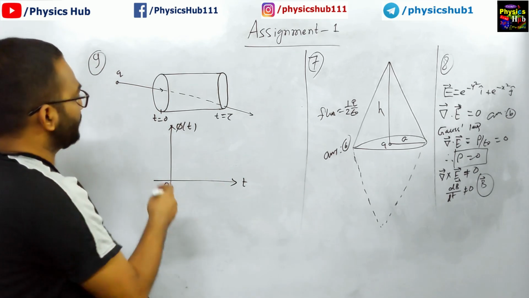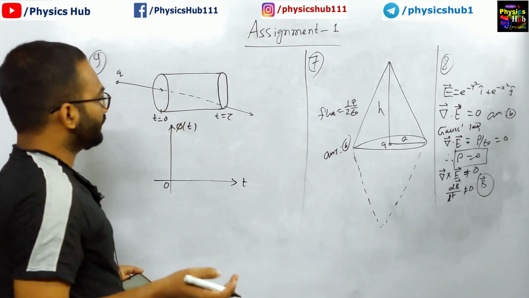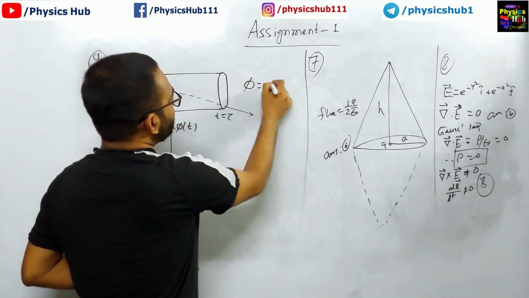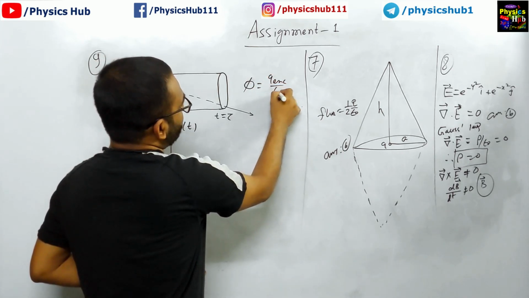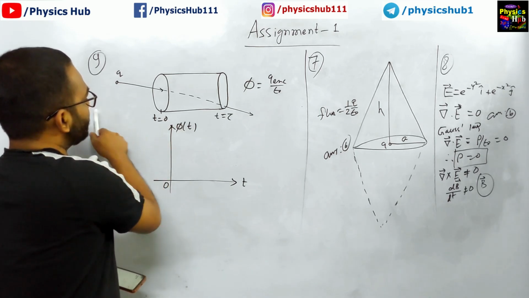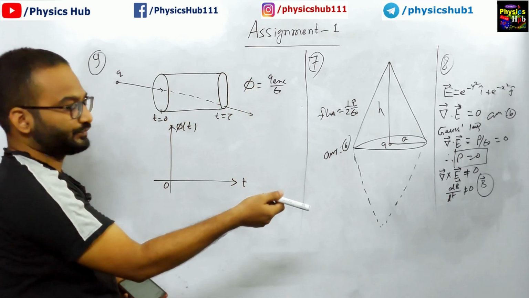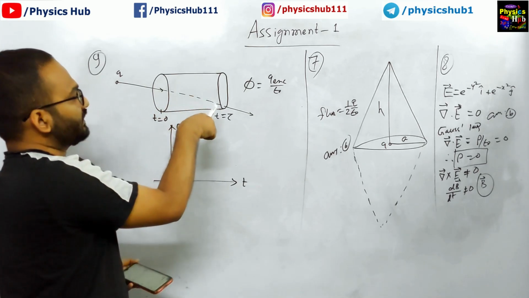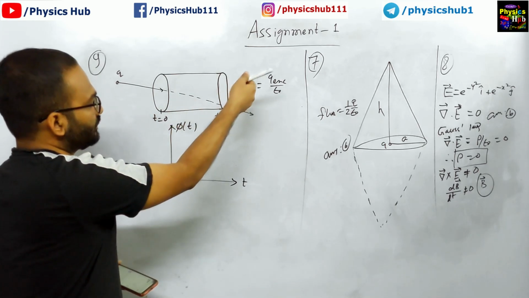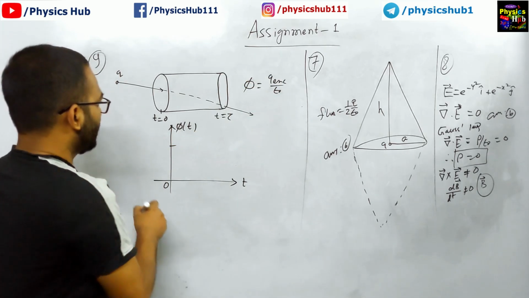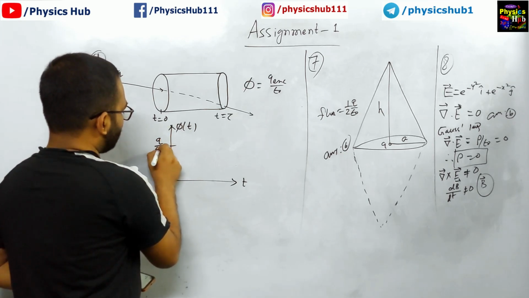Now we can utilize Gauss law here. According to Gauss law, the flux phi is equal to q enclosed by epsilon naught. This is the thing you have to keep in mind. Before t equals 0, there is no flux. When it enters the cylindrical region at t equals 0, the total charge enclosed is q, so the flux is q by epsilon naught.